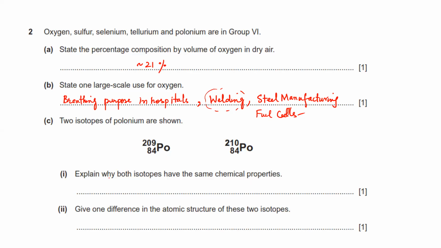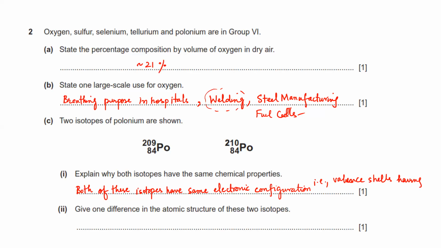So just simply write both of these isotopes have the same electronic configuration, that is, valence shells having the same number of electrons. Okay, so that is good.